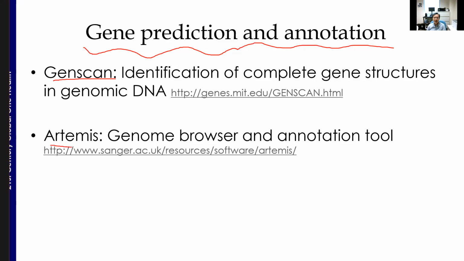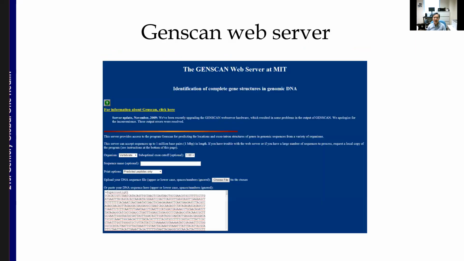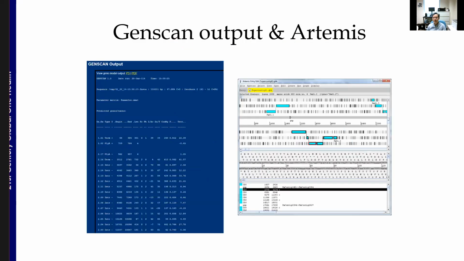And then you can use a tool called Artemis, a genome browser and annotation tool, to annotate manually and change some of the structure. So this is a screenshot of the GENSCAN web server. You put your sequence in, click a button, and select what species you want to predict the gene structure for. This web server will generate the output of where the gene exons and introns are, so the structure of the genes.